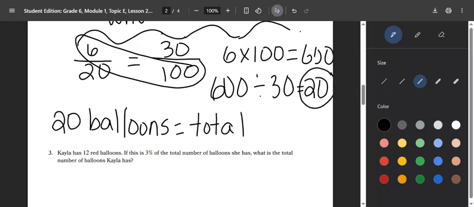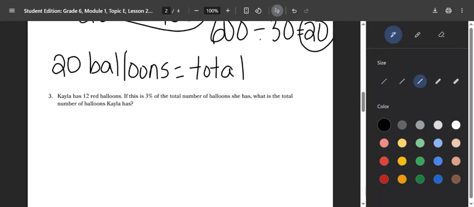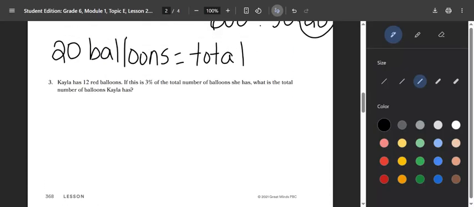All right. Let's do number 2. Kayla has 12 red balloons. If this is 3% of the total number of balloons she has, what is the total number of balloons Kayla has? All right.